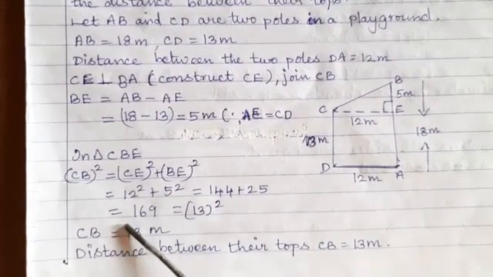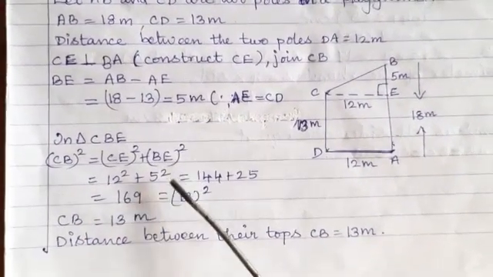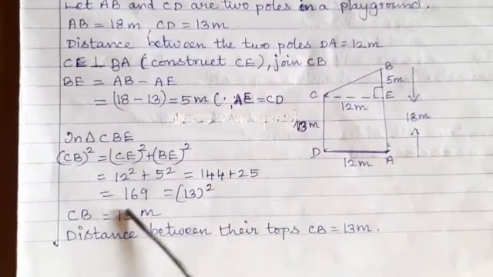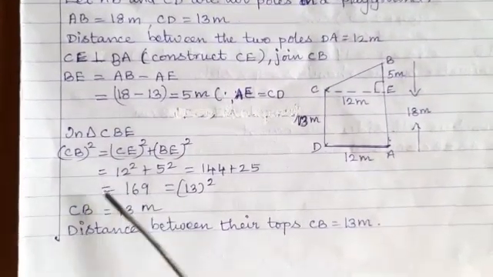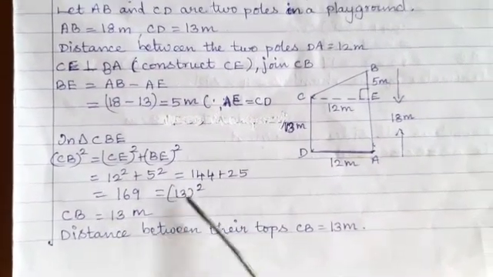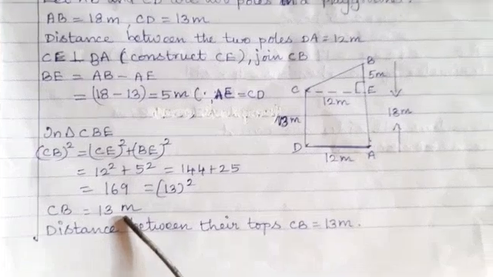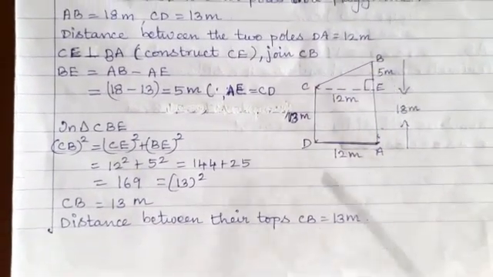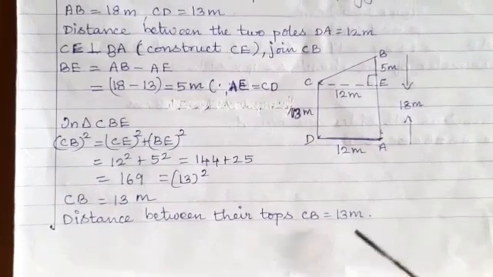So CE squared is 12 squared and BE squared is 5 squared, which is equal to 144 plus 25, which is equal to 169. So CB squared equal to 13 into 13, that is 13 squared equal to CB squared, then CB equal to 13 meter. So the distance between the tops, that is CB, is equal to 13 meter.